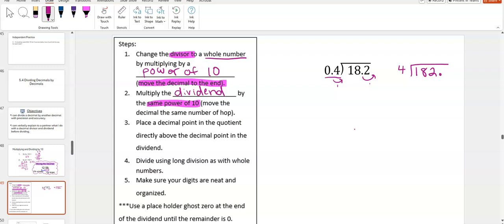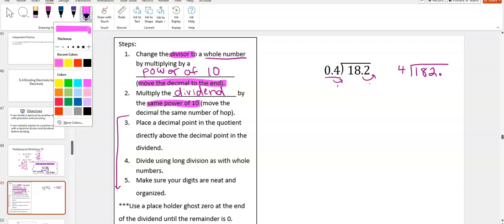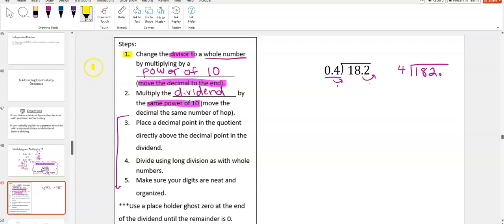Now, the rest of these steps are the same as what we've done before. The only new information that we've learned in this lesson is step 1 and 2. Everything else is the same as when we were dividing decimals by whole numbers, because that's what we have now: a decimal or a whole number inside, depending on how many hops you had to take, and a whole number divisor on the outside.